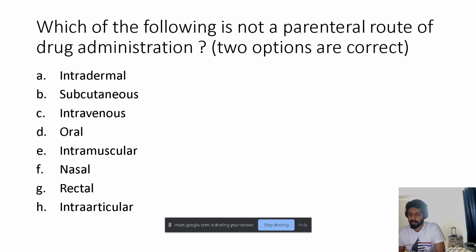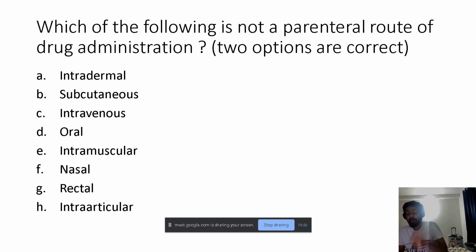Why do you think it's not parenteral? The nasal route of administration will directly give access to your lungs, your respiratory system, essentially, and in some cases the brain as well. It will bypass the blood-brain barrier and so on.